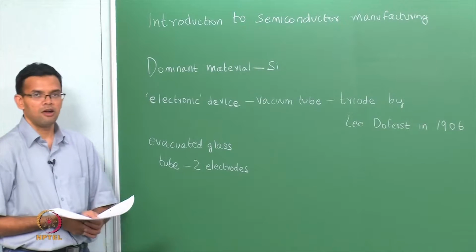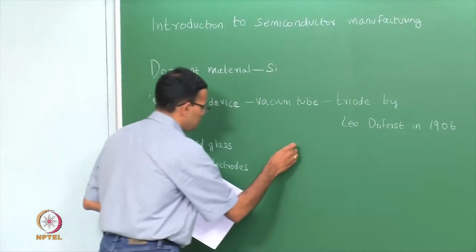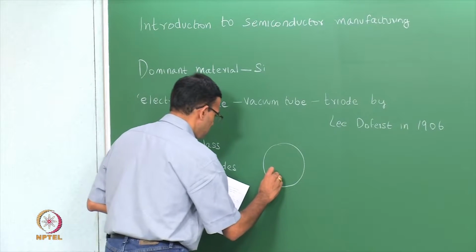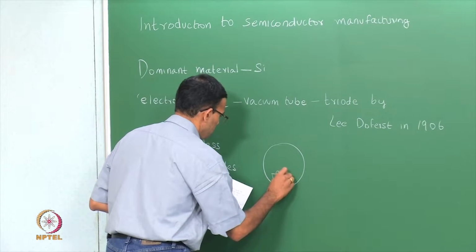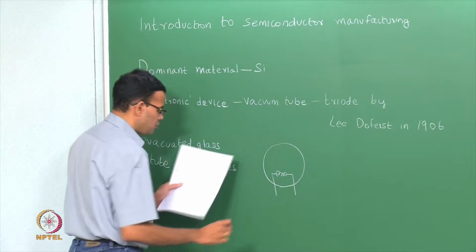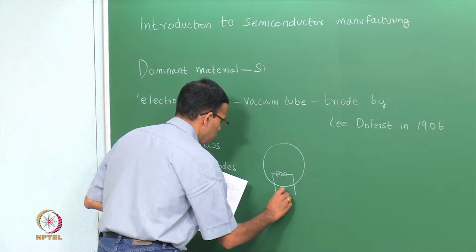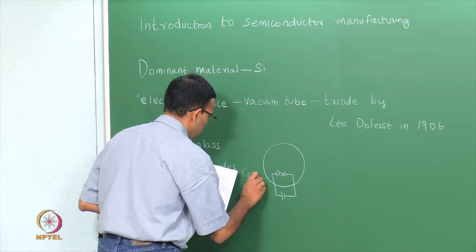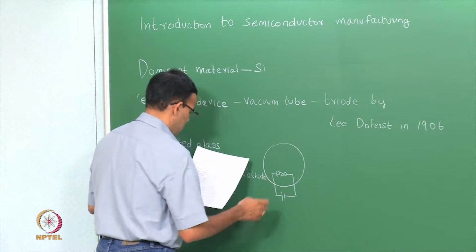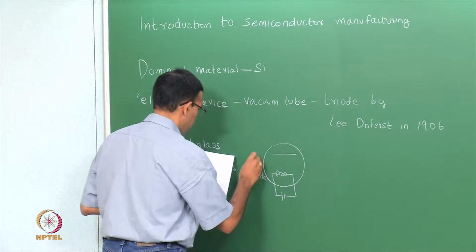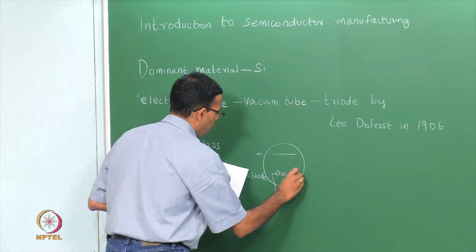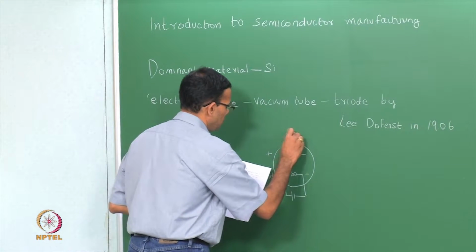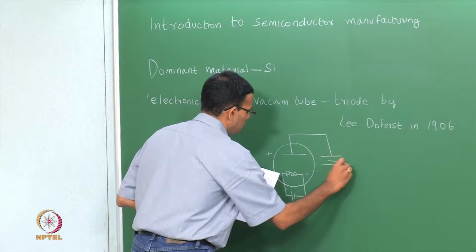Let me just draw a schematic of the device. The evacuated glass tube, one of the electrodes acts as the cathode, which is your source of electrons. Then you have an anode. The cathode has a negative potential, the anode has a positive potential. This is connected to your outside circuit.